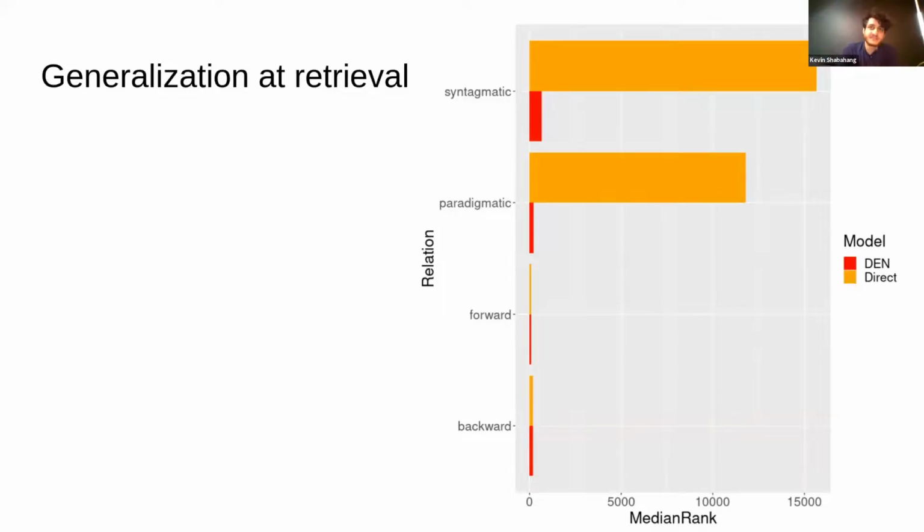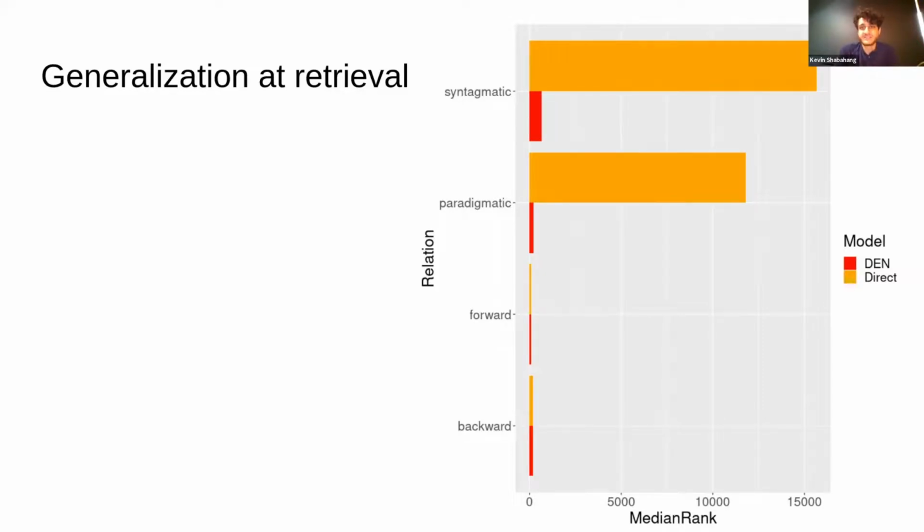If you cue the system with apple, you look to see where sweet falls. So the rank of the word sweet in the activations. The lower the rank, the higher the activation is, so the more dominant that word is in the steady state, which gives you an idea of what kind of information the system is capturing.